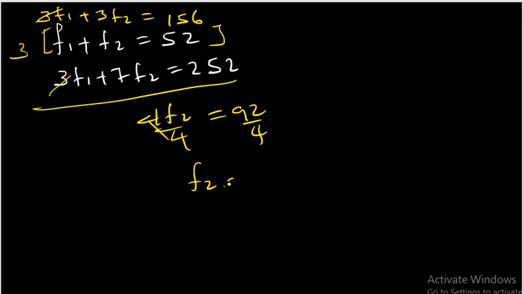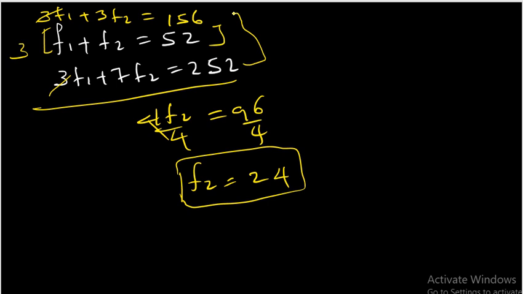So what will be f2? Okay, let's check it. When you take the difference between them, it must be 96. So 96 divided by 4 will be 24. This is f2. So how to get f1?